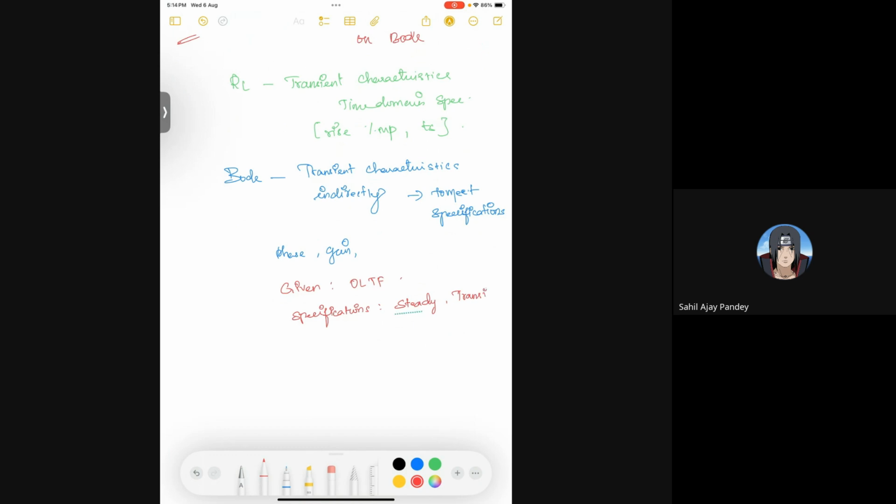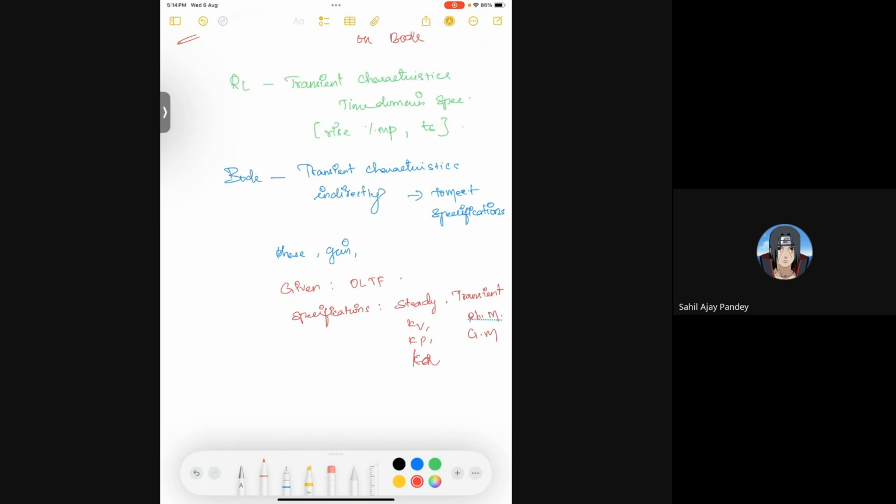Steady state would be your velocity error constant or position error constant or acceleration error constant, this kind of specification they will give. Transient characteristics will be in terms of phase margin, gain margin. You have to attain this much gain margin and these values of phase margin. So these are all the requirements in terms of transient responses.